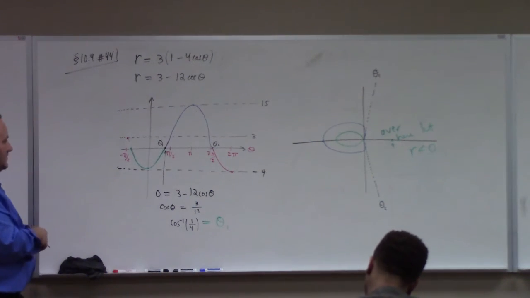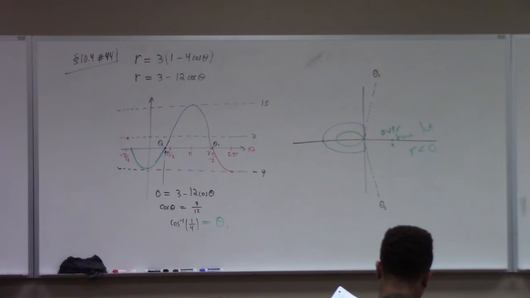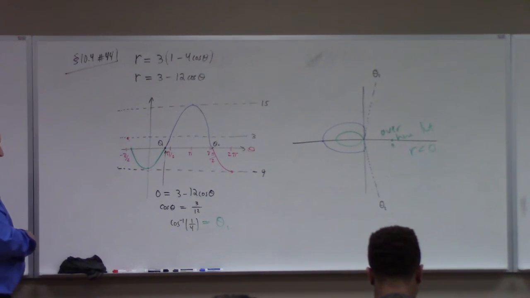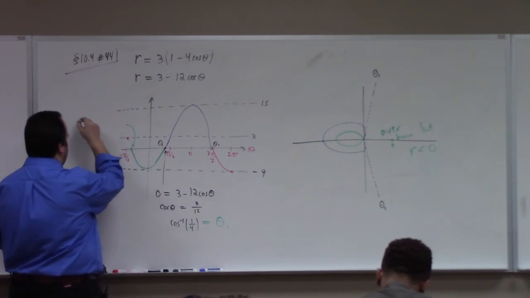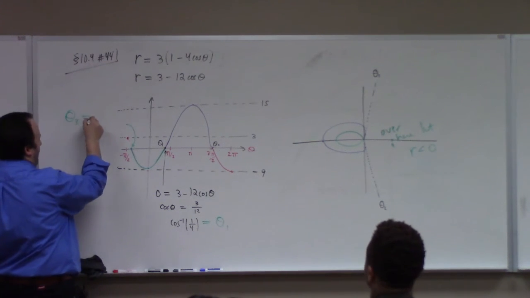And then you can use that to construct where it goes to. I mean, you could say that plus 2 pi of that if you wanted. What if this is theta 1? What's this angle over here? What's theta 3? Can you guys tell me what theta 3 would be?